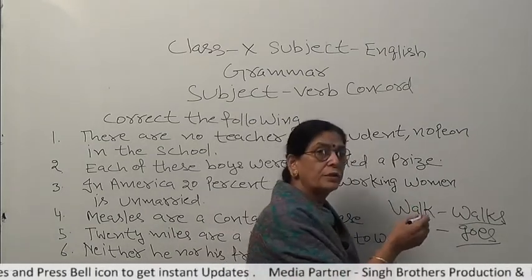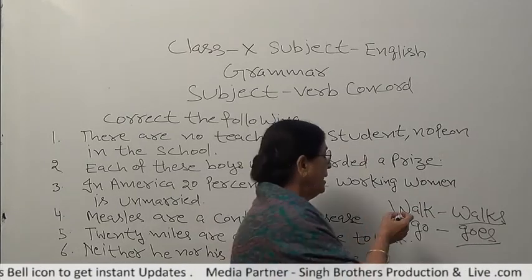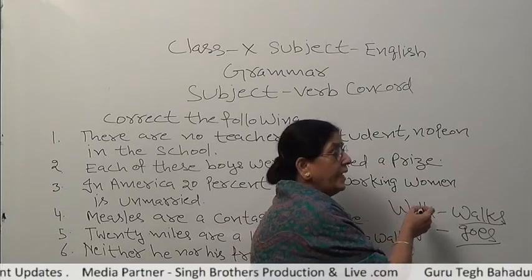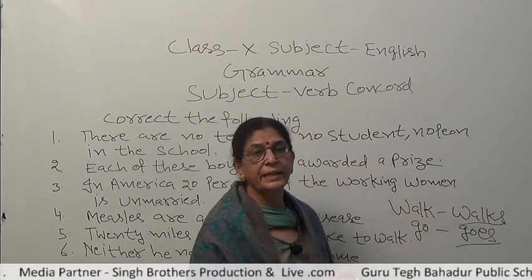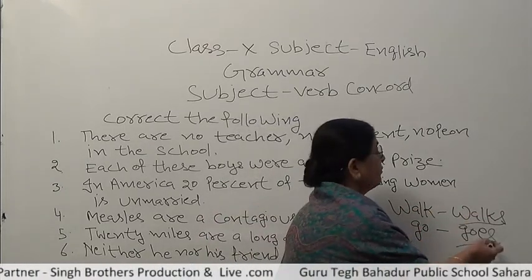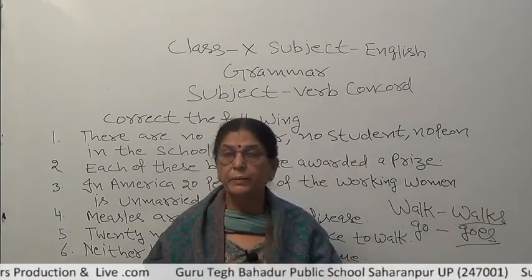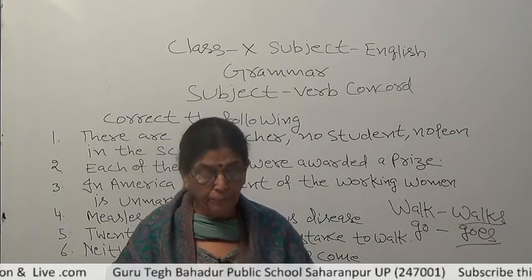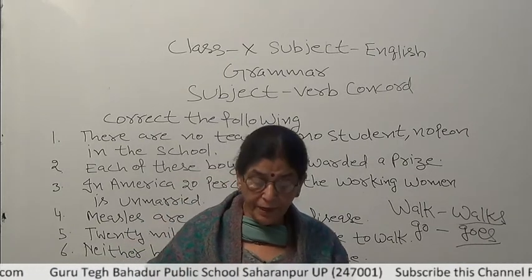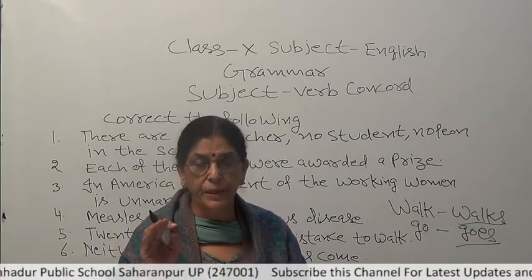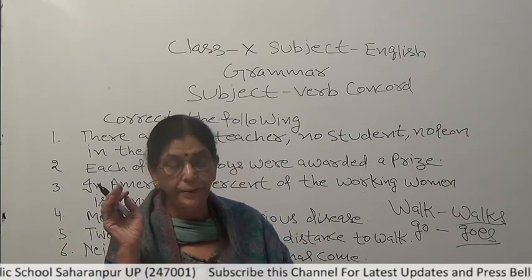If I have to use the word they, which is plural, I will write walk. They go, they walk. But if I am taking the singular, this is a singular form of the verb. She walks, he goes. Be particular about it. The verb always agrees with the subject in number and person. That you have to keep in mind.